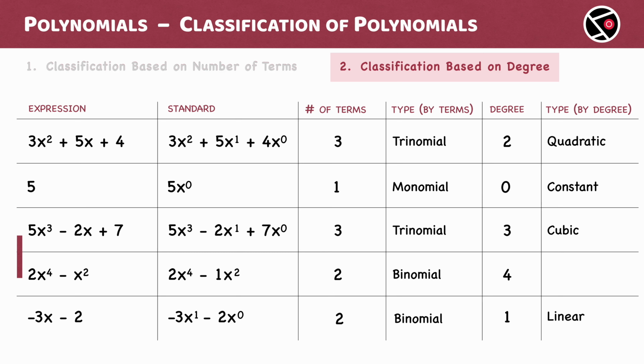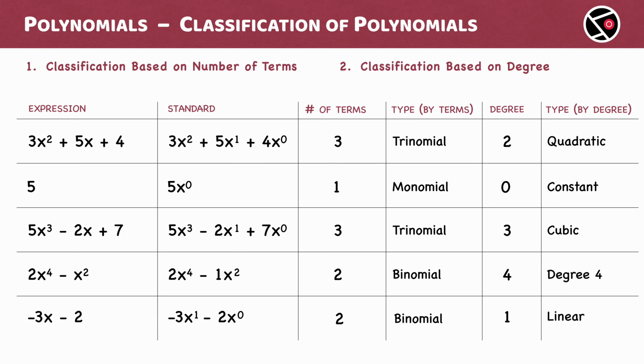This example polynomial, 2x to the power 4 minus x square, has degree 4. So we call it a polynomial of degree 4. This is how we classify polynomials based on their degree.